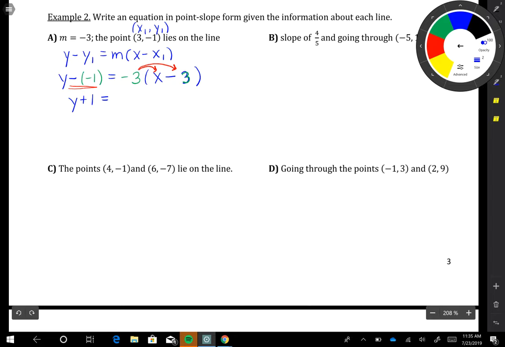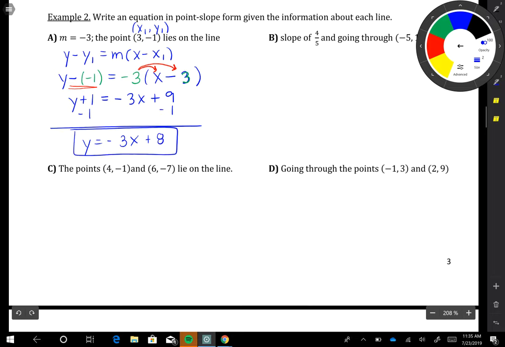So that's going to give me -3x plus 9. And finally, remember, slope intercept form is solved for y, so we need to get rid of this plus 1. We're going to subtract 1, and that's going to be subtracted from the 9. And we get y equals -3x plus 8. So slope is still -3, and our y-intercept is 8.